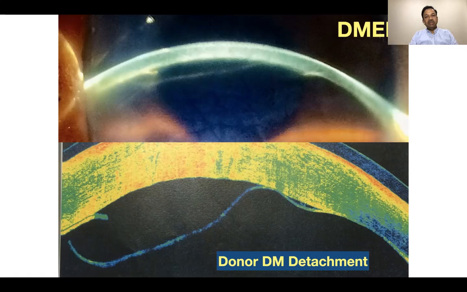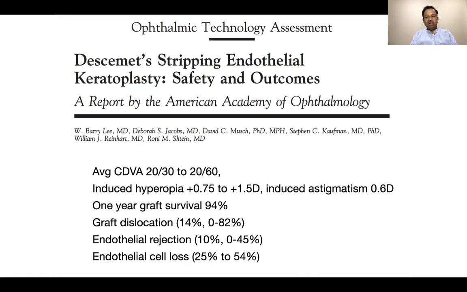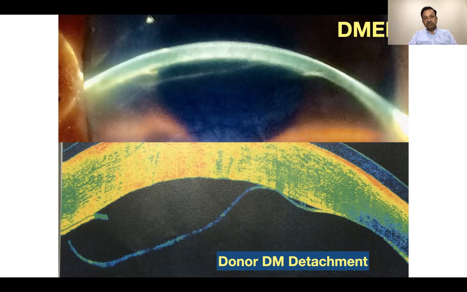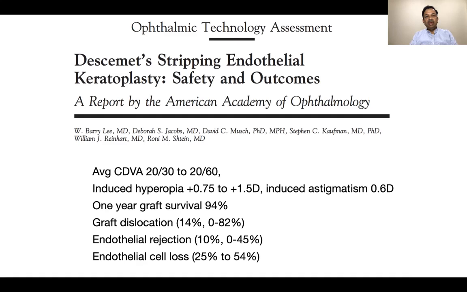This can happen even after DMEK as well, and it's more common after DMEK because of the elastic nature of the Descemet's membrane. And looking at the orientation of the scroll, you know whether it's in the right orientation or not. So in both these scenarios, you need to do a rebubbling, where repeat air injection is performed to reattach the donor lenticule or the donor graft.